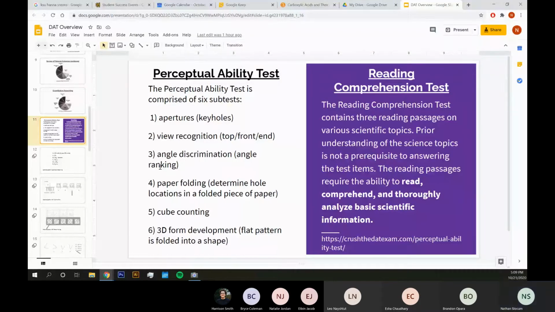Some of them can get difficult, but you've just got to go with your gut on them. Paper folding, pretty self-explanatory. Cube counting, I'm not familiar with this one. And then 3D form development.